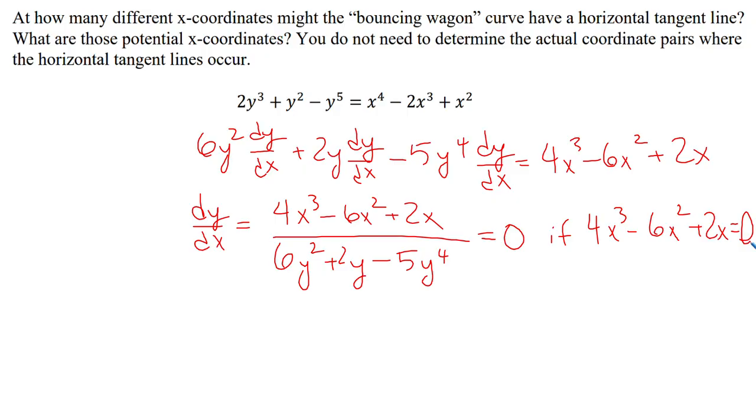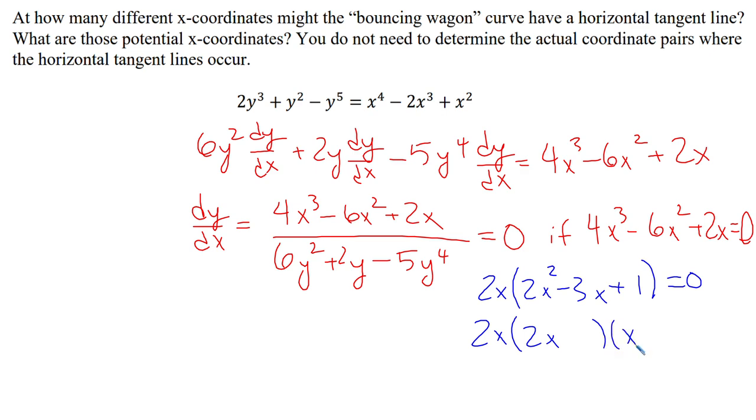We can divide everything by 2 if we want, or just factor the 2 out when we factor the x out. So I'll just factor the 2x out. That's going to give us 2x factored out times (2x squared minus 3x plus 1), and we still want that to equal 0. And so we'll need to factor the inside of that. To get 2x squared, we're going to need a 2x and an x.